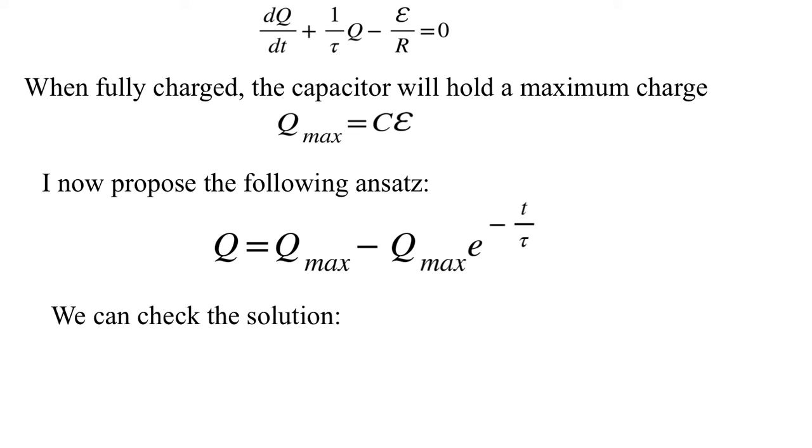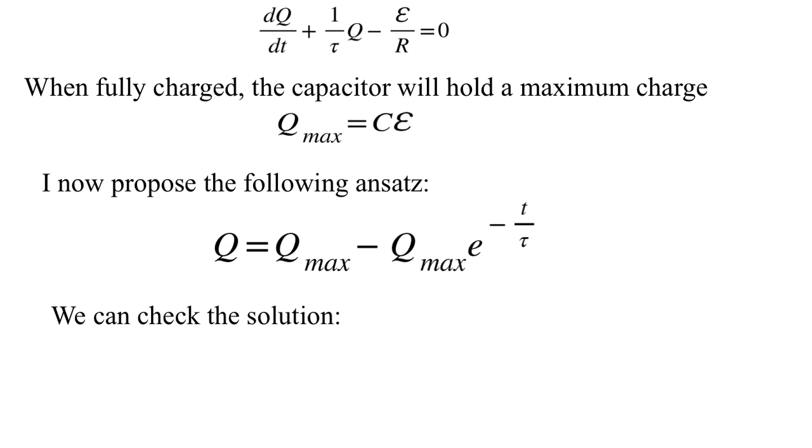So I'm going to assume that the charge at any given time is going to grow exponentially, and it's going to look something like the final charge minus some exponential bit that will go off to 0. So at the start, this is 1, and the initial charge is 0. And when t becomes essentially infinite, this becomes 0, and the final charge is just the final charge.